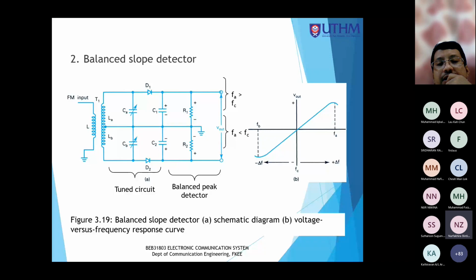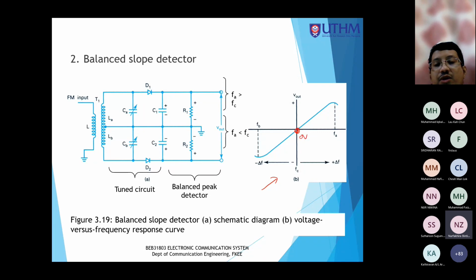Okay, so now for balanced slope detector, it has an upper part and lower part. So you see that for the frequency response curve, the difference with the slope detector is that the output at the center of the IF would be 0. Okay, it will be 0 volt.